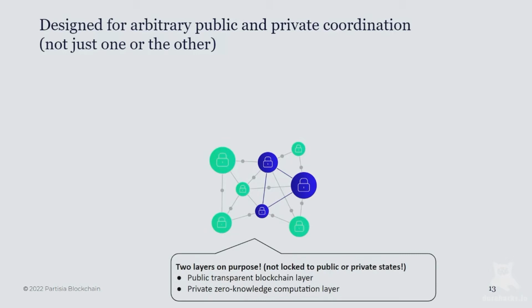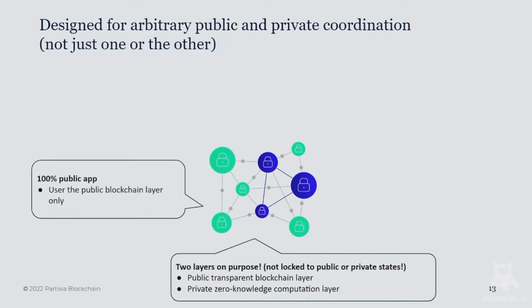We're working with the public part as a solution that can be used for transparency, meaning that you can provide transparent information to anyone that you wish to show transparent information to. This is one of the big strengths of blockchain in general. But we also have this private zero-knowledge computation layer that allows you to keep the information private that you wish to keep private.